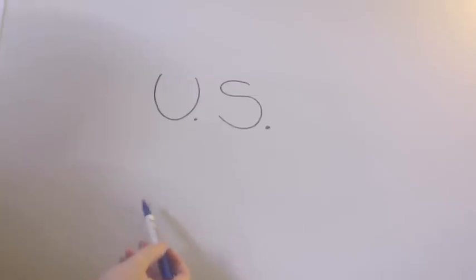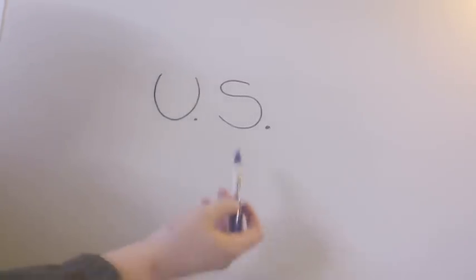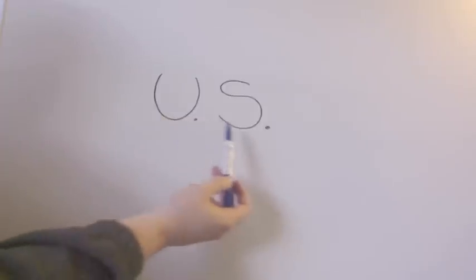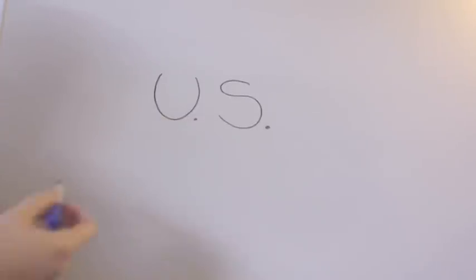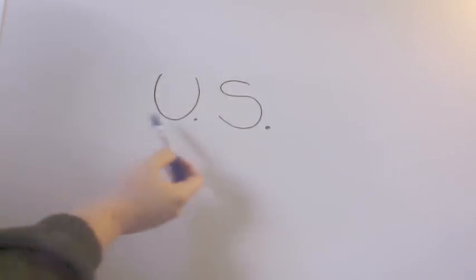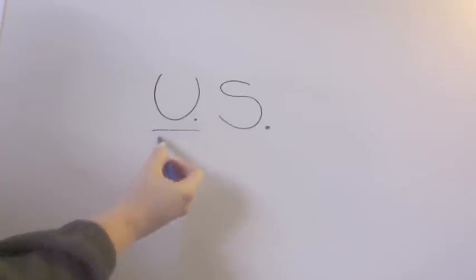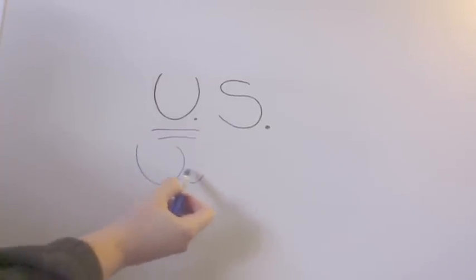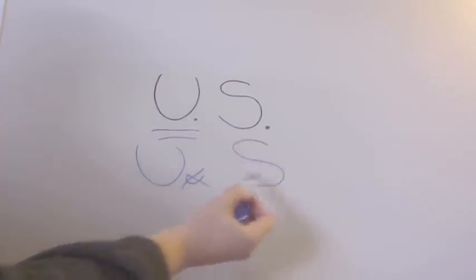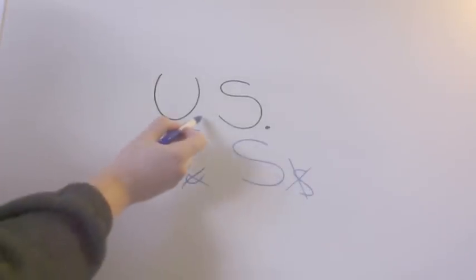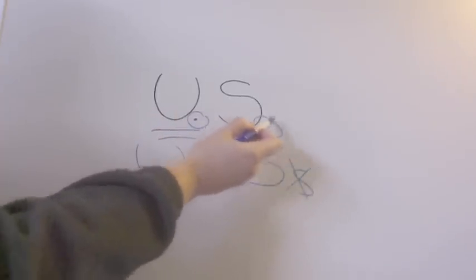So, you will hear many Americans refer to our country in short as the U.S., meaning the United States. Now, if the person reading to you for your test says the U.S., this is what you need to write. Capital U and a capital S. And always remember the periods.